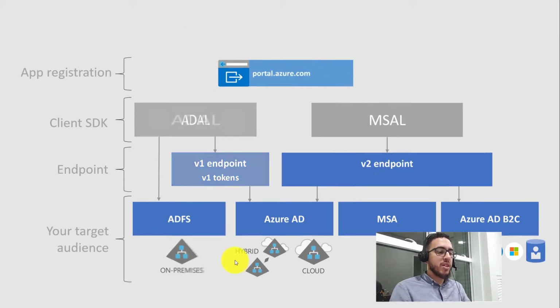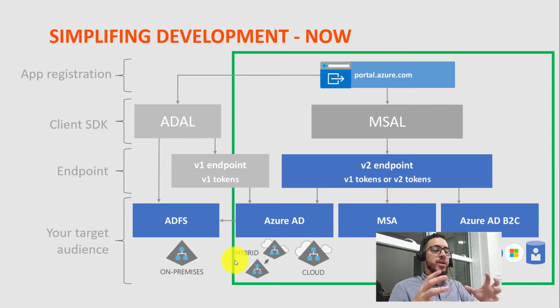And then in the new way, we just have one place with one endpoint with basically two types, but you can still have one place or one way to do the things. So you can register in the portal.azure.com using the MSL as an SDK to authenticate and handle these tokens.